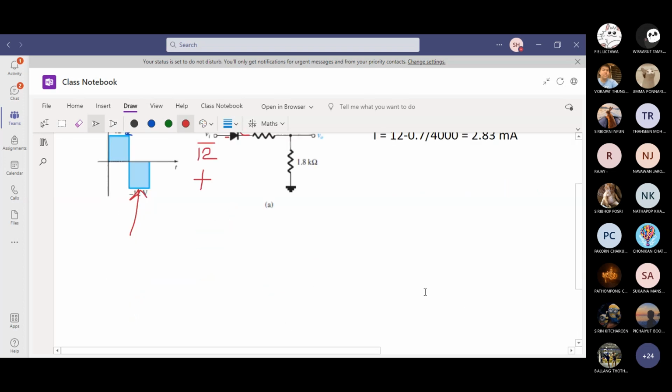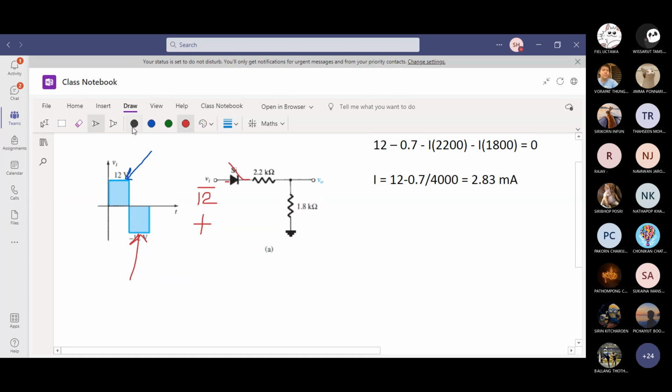So if we were to sketch the output waveform compared with the input waveform, how do we do that? This is V out, and the x-axis is time in seconds, volts versus second.